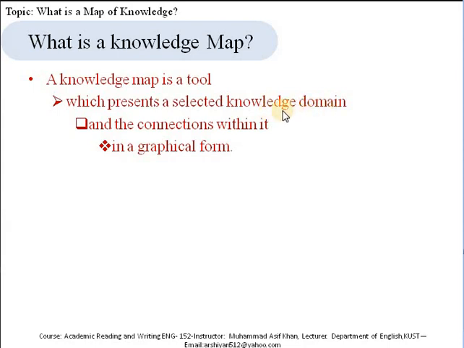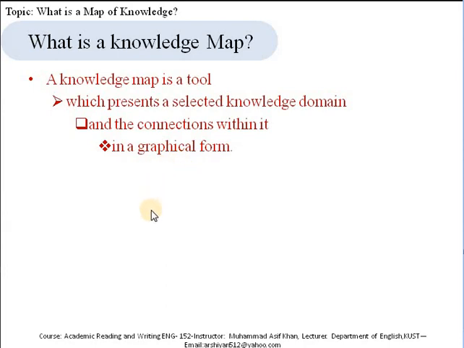When we are drawing a knowledge map, we focus on a specific knowledge domain or any specialized discipline or subject, in contrast to general awareness. So knowledge domain is the content of a particular field of knowledge, and a knowledge map is a tool to represent that knowledge domain in a graphic form.